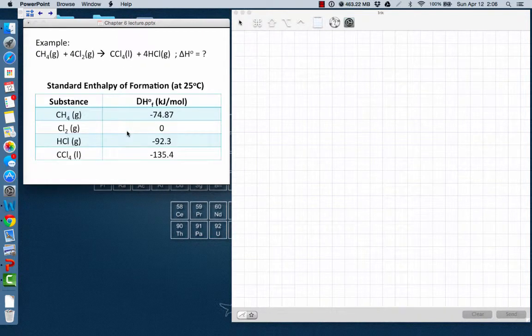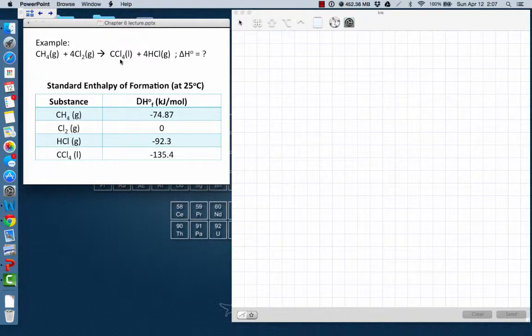All right, so let's look at an example here. We have methane gas plus 4Cl2 yields CCl4 in its liquid form. And it's important to note the states here. Plus 4HCl in its gas form. And we want to know the delta H, the standard enthalpy of formation. So all we do is we look.